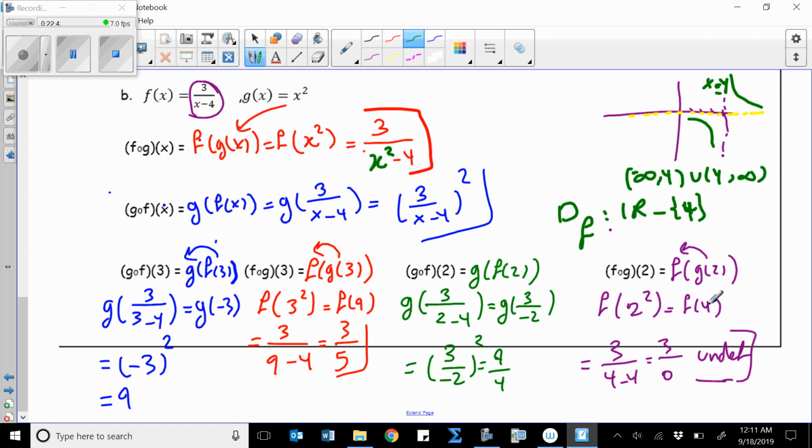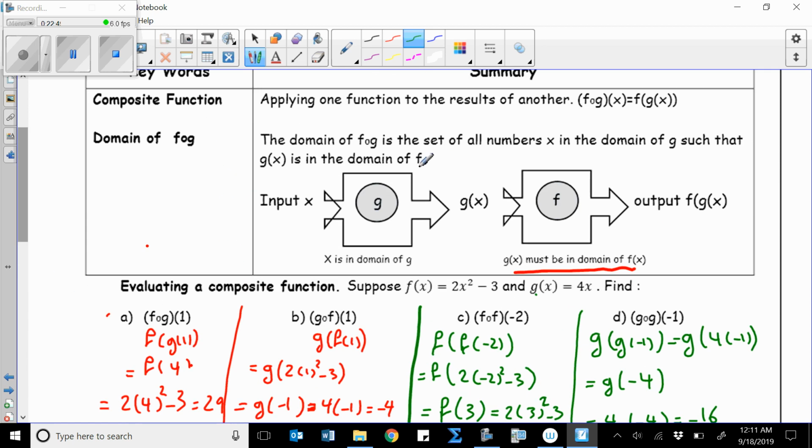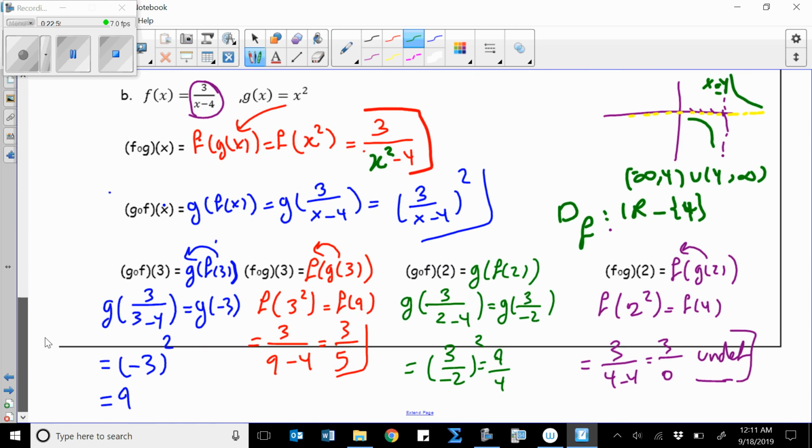It's undefined for f of 4. So this is what we actually talked about here. We said the output of g of x, which is going to be the input of f, must be in the domain of f. But here, the output of g was not in the domain of f. So that's why we got undefined.